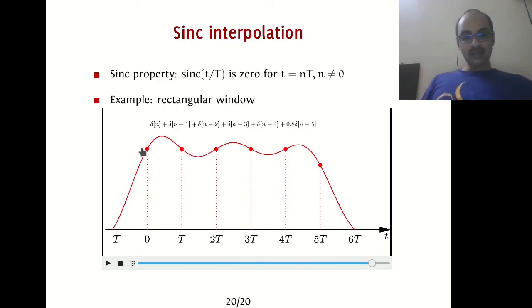If you squint your eyes and look just at these lollipops, they look like a rectangular window because all values are the same. They all have the exact same value and they look like a flat rectangular window. But we constructed this from a band limited signal.